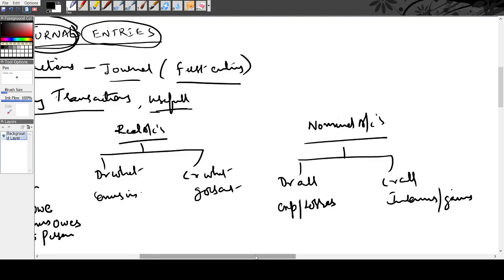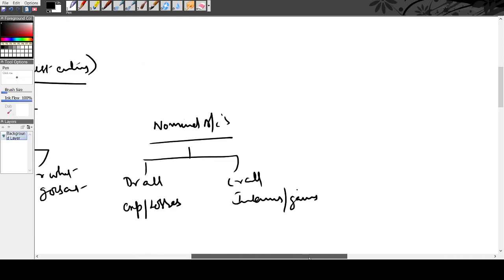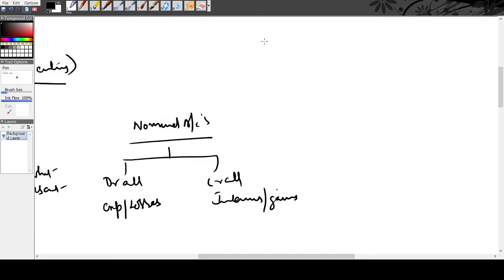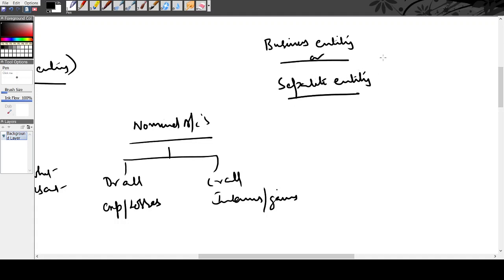Before we learn how to record journal entries, we'll also discuss one more concept called the business entity concept, or we call it the separate entity concept. Now, what is this business entity concept? This is an assumption which an accountant makes in his mind.